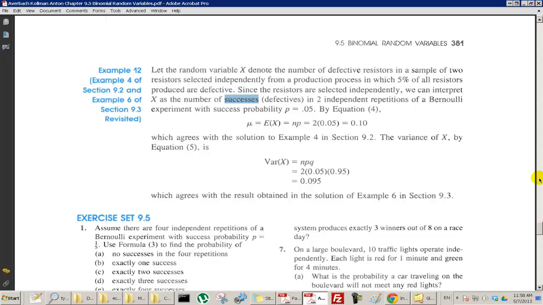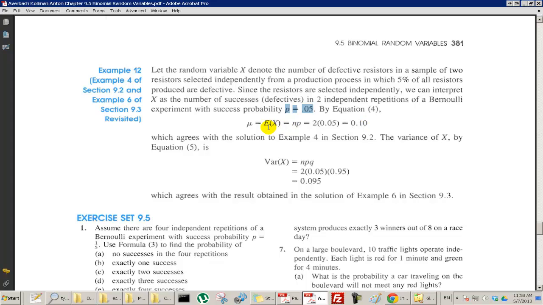The question is just what's the expected value and what's the variance. So to calculate the expected value, the probability of success, meaning the probability of getting defective, is 0.05. So it's just 2 times that, which is 0.1.